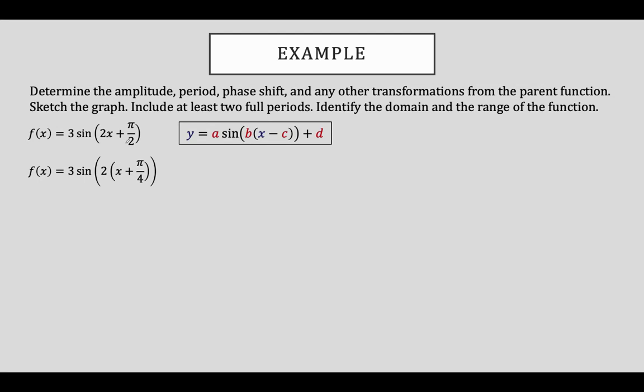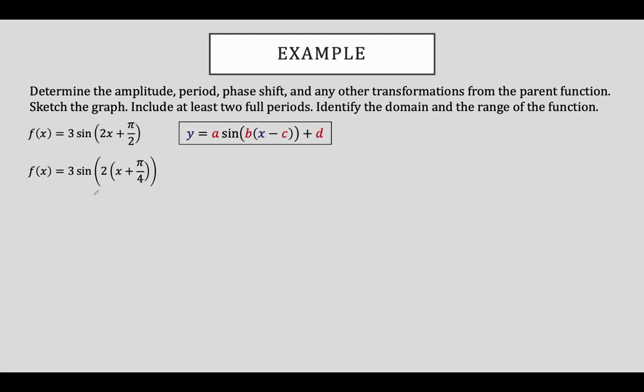If I take pi over 2 and divide it by 2, I get pi over 4, right? And if I were to distribute this back in, 2x plus 2 pi over 4, that would give me 2x plus pi over 2. So these are equivalent expressions. We have just factored out that b constant multiple in this case.